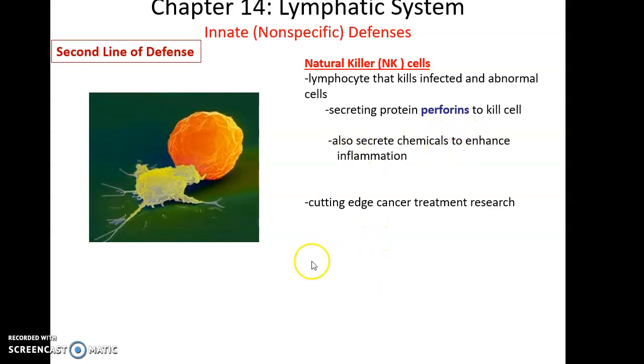And it also releases chemicals to enhance inflammation, because a sign of abnormal cells means that something's going wrong in the area, and inflammation will bring more white blood cells to help target the problem. And currently, there's a lot of cutting-edge research into cancer treatments that are trying to harness the natural killer cells as a way to fight cancers.